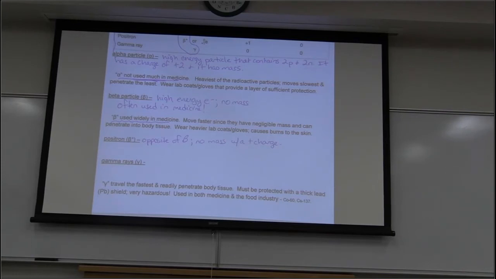And if you are like me, you want to know how. And I can't tell you how, so I apologize. It doesn't make sense that it would have a positive charge and no mass, because what gives a positive charge is a proton, and proton has mass. So I'm sorry, I don't know the answer. But it does not have mass, and it does have a positive charge.